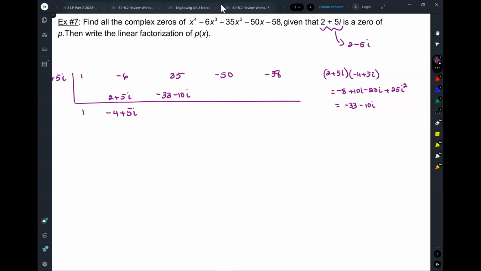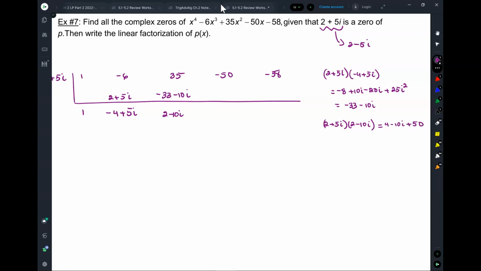Yeah? Now I add, so I get 2 minus 10i. Okay? So now I have to do it again. So I have to do 2 plus 5i, 2 minus 10i. You have to FOIL it. And so you get 4 minus 10i plus 50.